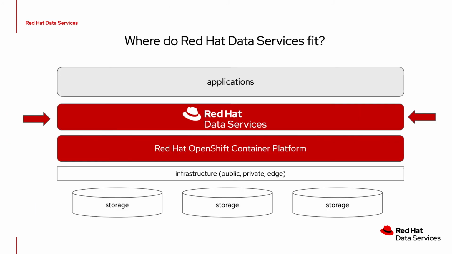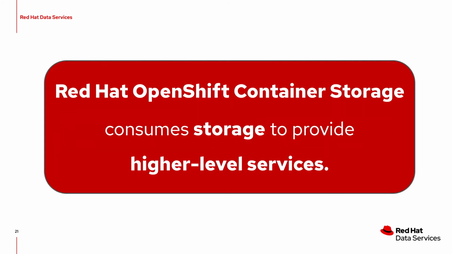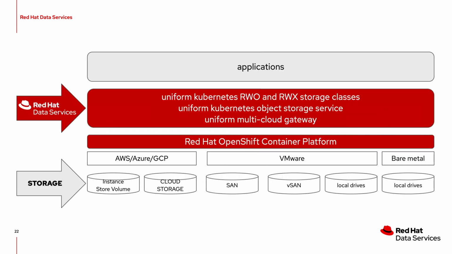Well, Red Hat Data Services, where does it fit? So you have a physical storage that's being consumed, and on top of that, we provide Red Hat Data Services. So Red Hat OpenShift Container Storage consumes raw disk storage to provide higher level services. How does that look? On the bottom of the diagram, you can actually see the raw storage devices, which can be local storage, cloud storage, SAN, or any kind of raw disk provider.